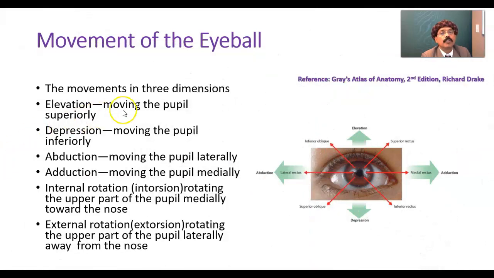We'll go to the movements of the eyeball. Movements in 3 dimensions. Elevation, moving the pupil above. Depression, moving the pupil below, inferiorly. Abduction, that means away from the midline. This is the lateral rectus making the abduction.